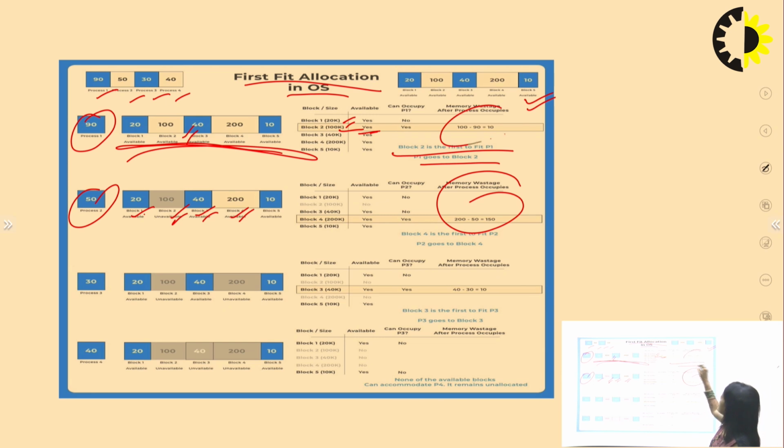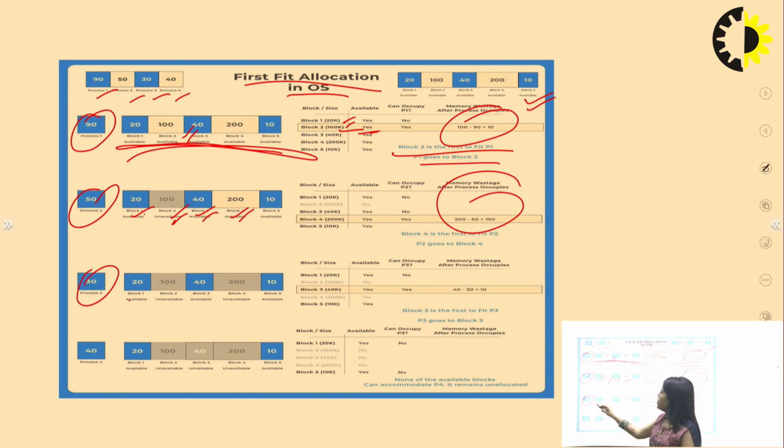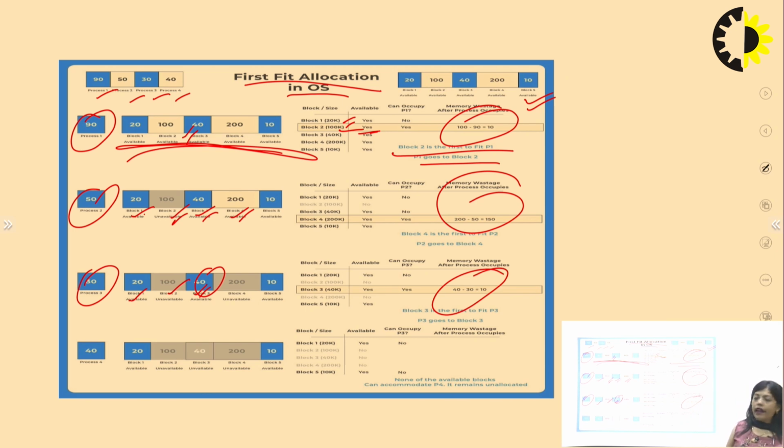After that, process 30 arrives. The earlier blocks cannot accommodate it, but the 40 block is available, so the process is accommodated there and the memory wastage is 10.